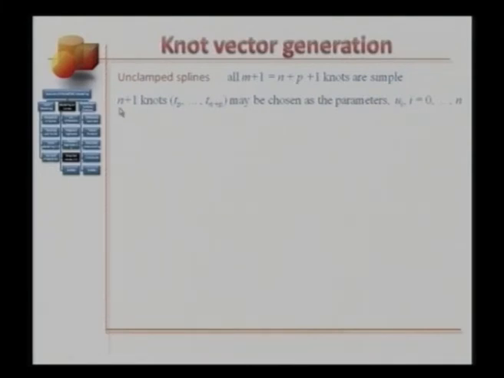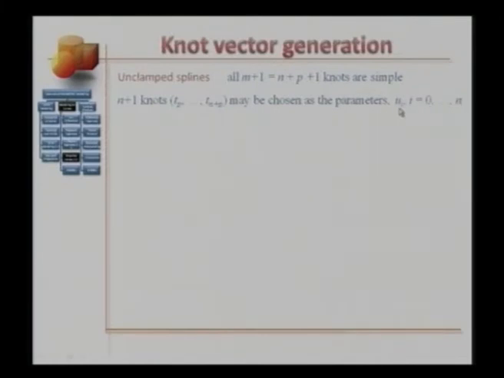Of these n plus 1 knots, namely Tp, Tp plus 1, Tp plus 2 up till Tn plus p, may be chosen as the parameter values themselves, U of I, where I would go from 0 to n.